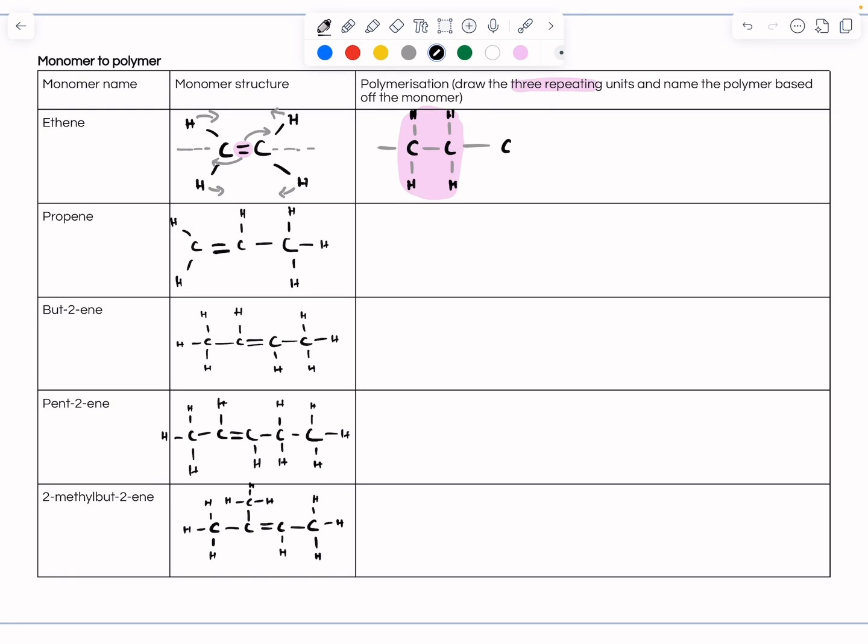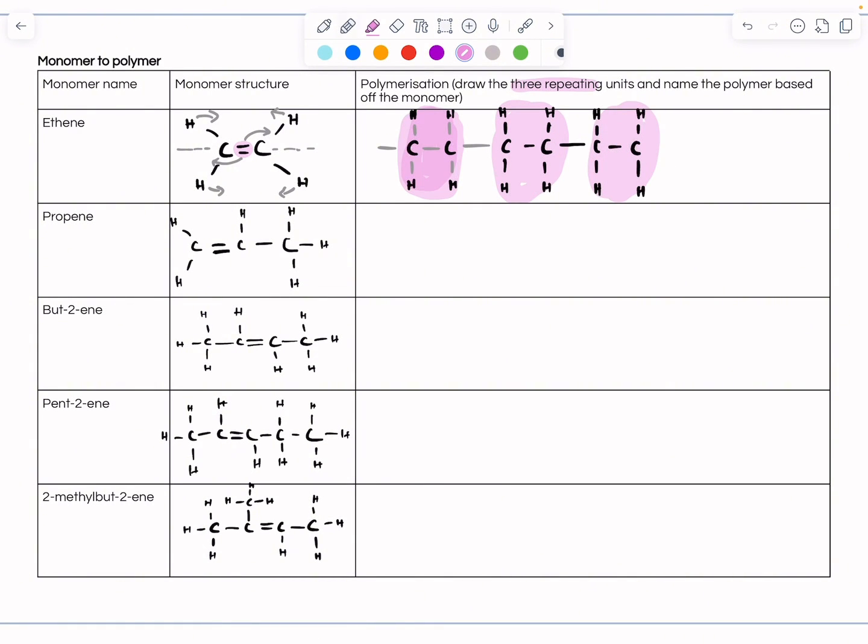We've got this carbon-carbon bonded to the hydrogens, another 2 carbons bonded to hydrogens. And so let me make that very clear that this is the first monomer, this is the second monomer with 2 carbons and 4 hydrogens, this is the third monomer.